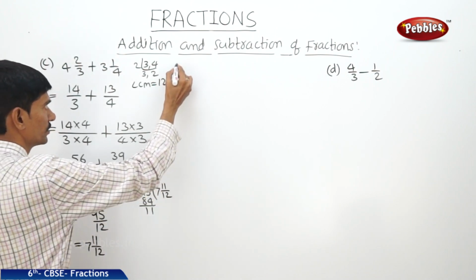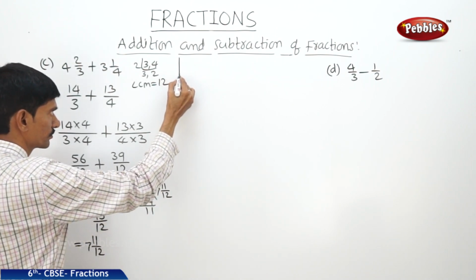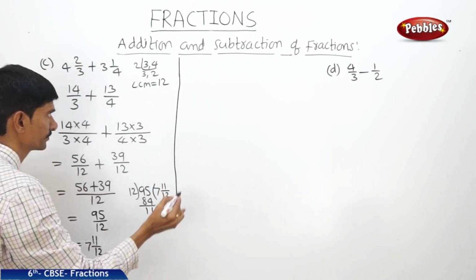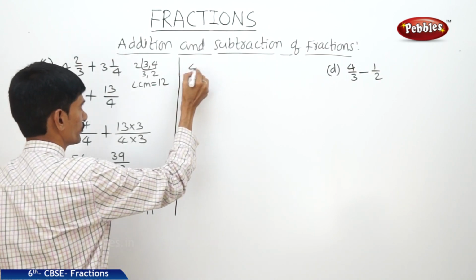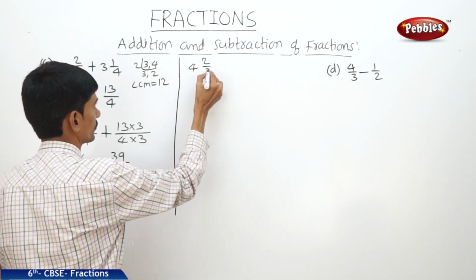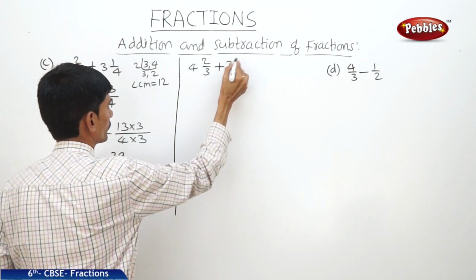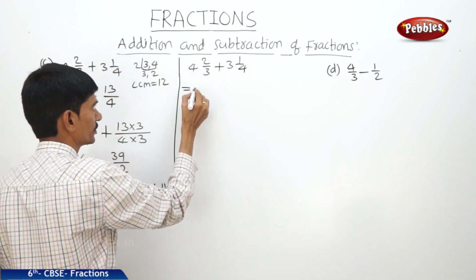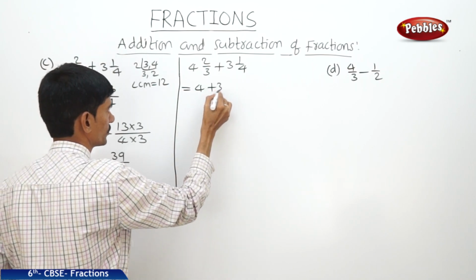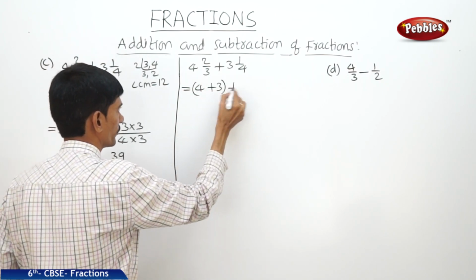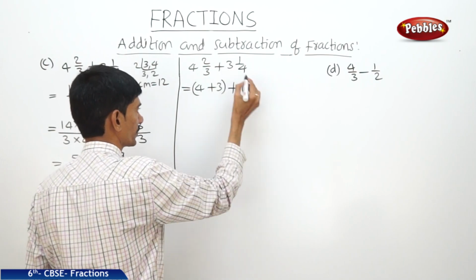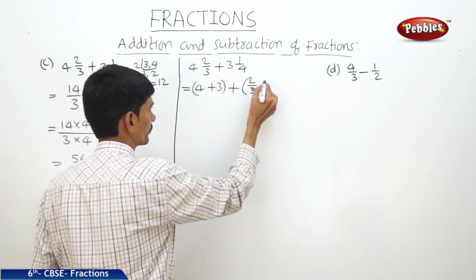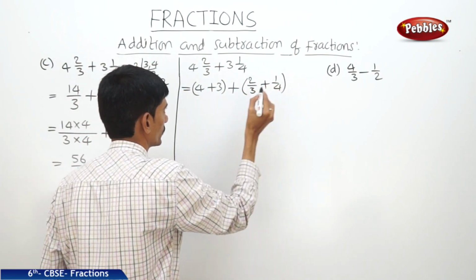Now the same mixed fractions we can add in another way. 4 2 by 3 plus 3 1 by 4. First we can add the whole number parts, 4 plus 3, plus the fraction parts 2 by 3 plus 1 by 4.